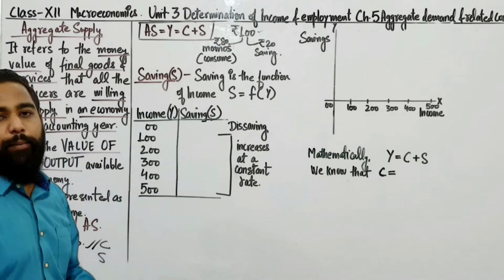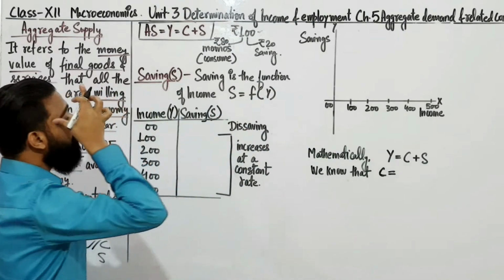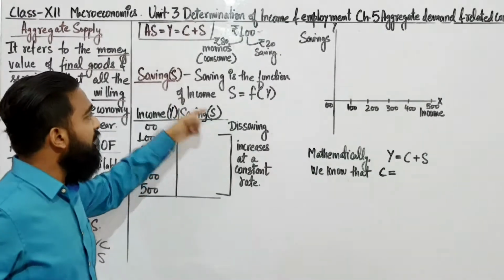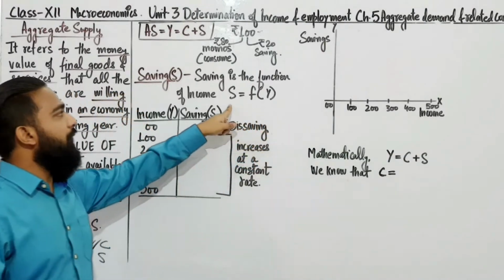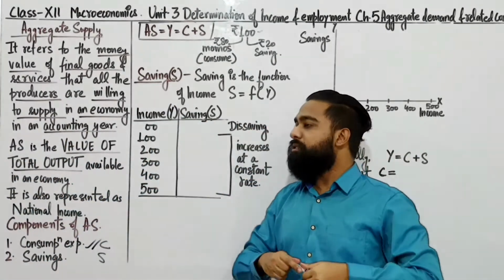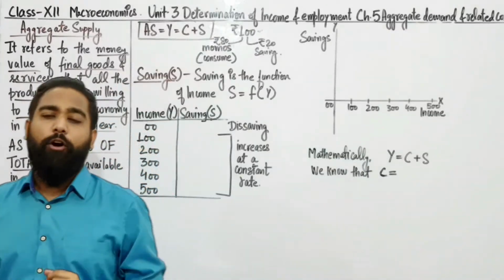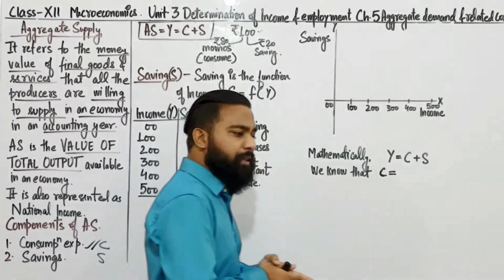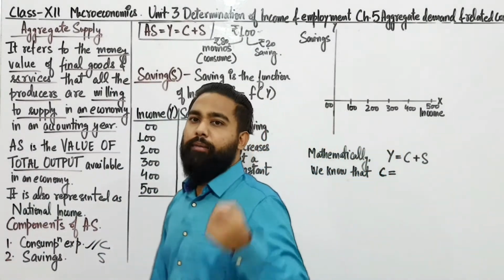Now, what is saving? Students, saving is a function of income, and it can be denoted as S is equal to F(Y). Function of income means the saving depends on your income. Whatever income there is, the saving will always be determined by the income.